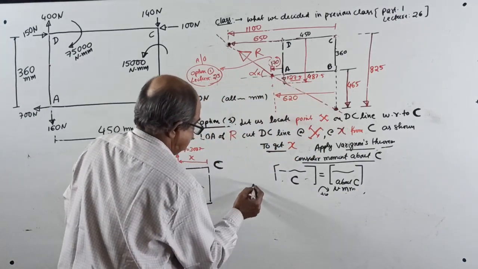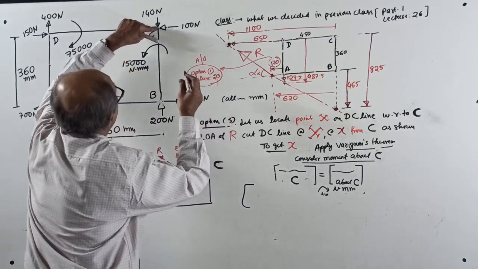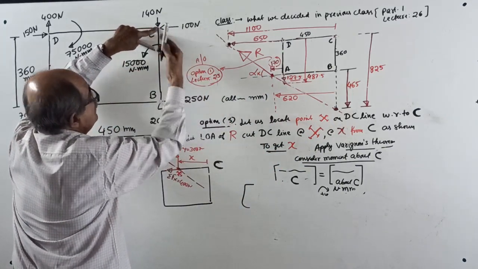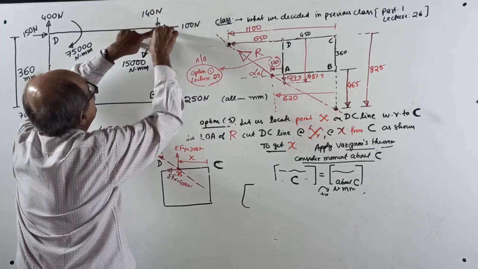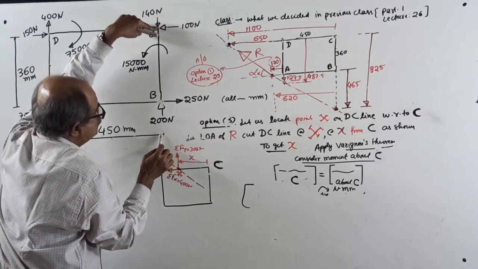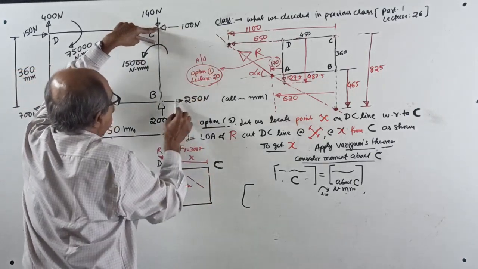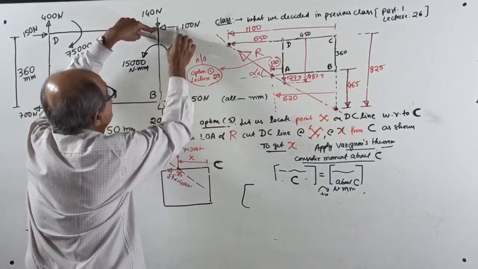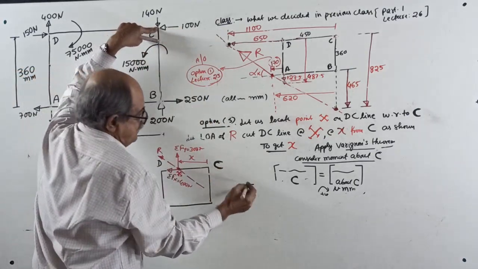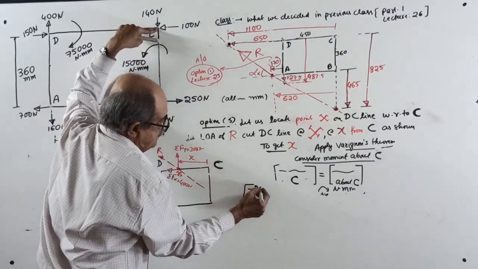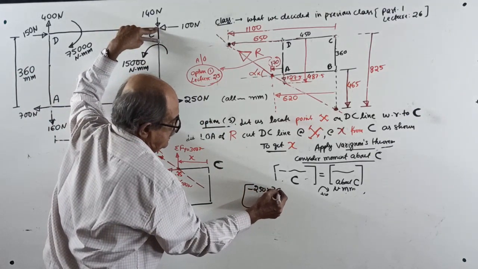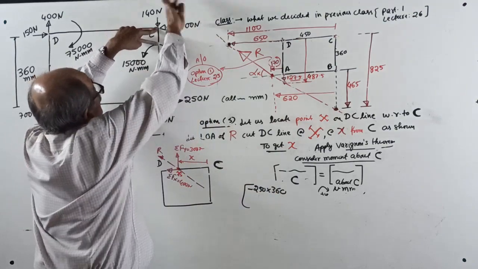Start. Left hand side. Moment about C. I'll start from here. 100 into 0, 140 into 0, 200 also into 0. Then 250 into 360, anti-clockwise.